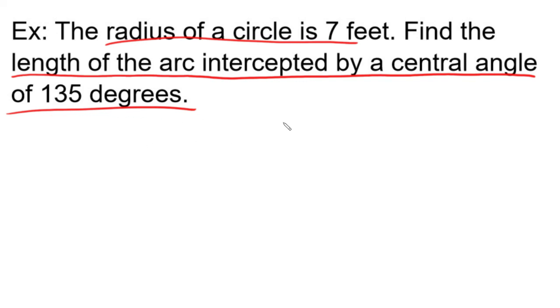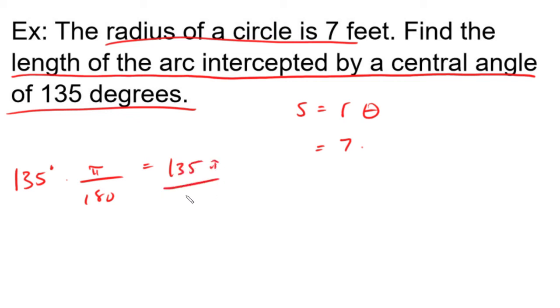All right, so arc length is equal to radius times the central angle. That is 7. We don't know the central angle in radians, so we have to convert 135 degrees to radians, which gives us 135 pi over 180, and that reduces to 3 pi over 4. That's if you just do the raw conversion right away without using the measures above.